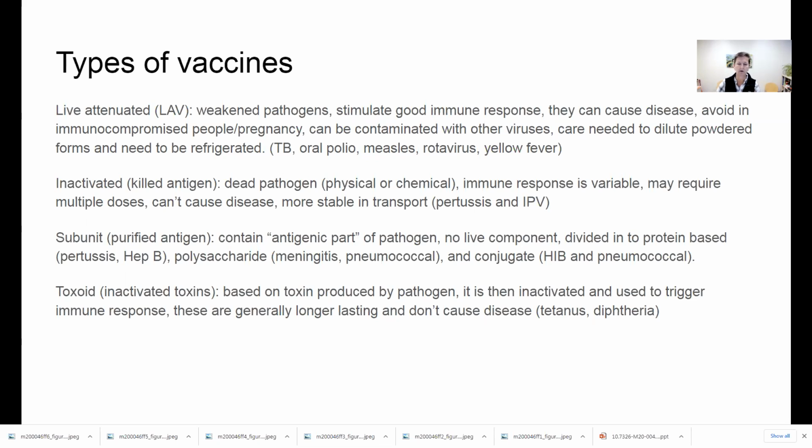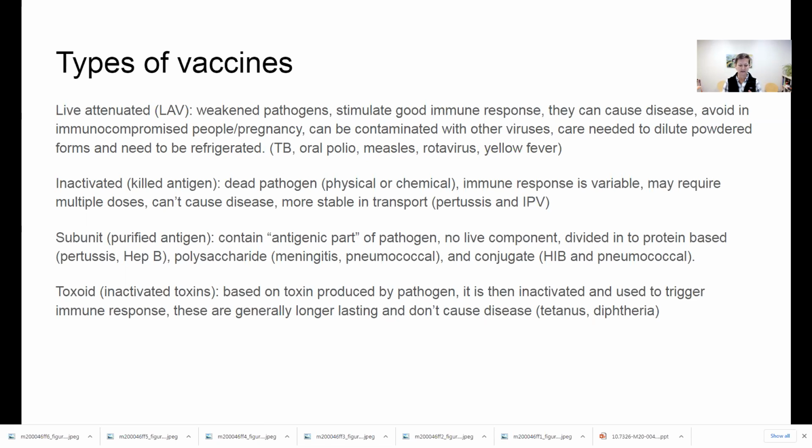So they tend to stimulate a good immune response, but they can cause disease. We need to avoid them in immunocompromised people, in pregnant women. That would be a bad idea.